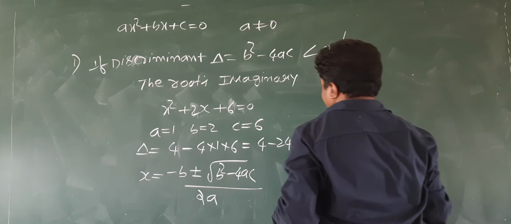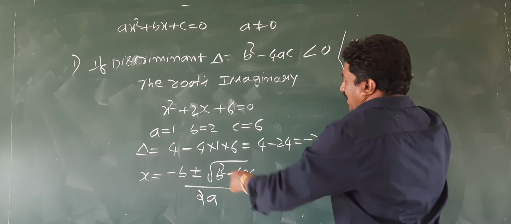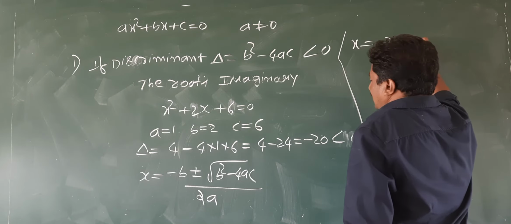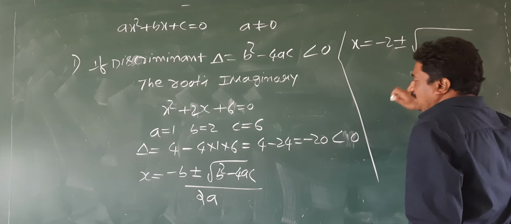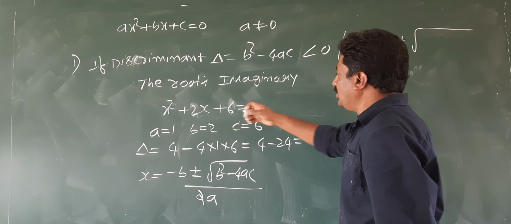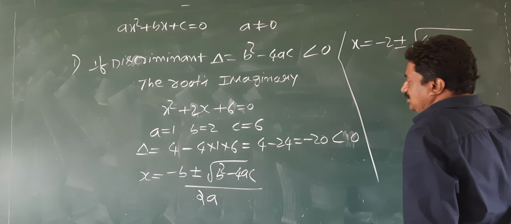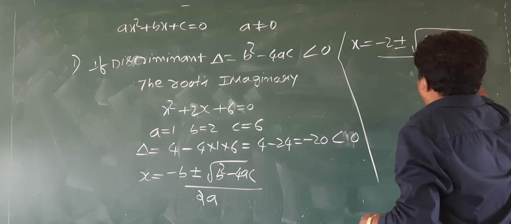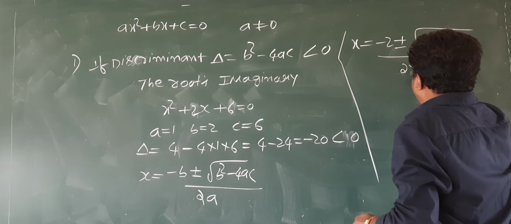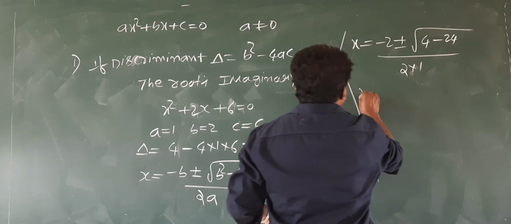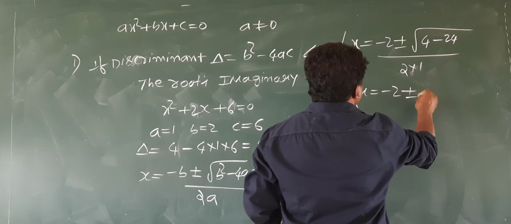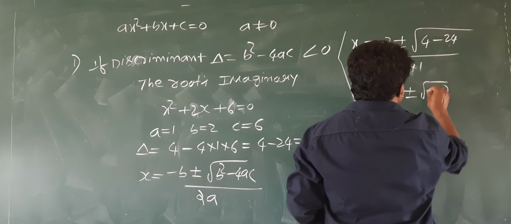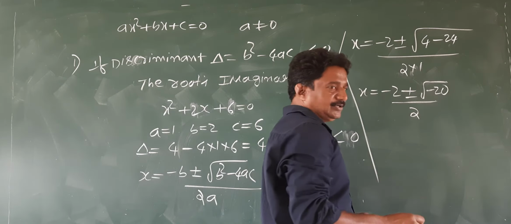So we will get x is equal to minus b, which means minus 2, plus or minus root of b square, 2 square is 4, minus 4ac, 6 fours are 24, by 2a, so 2 into 1. x is equal to minus 2 plus or minus root of 4 minus 24, so root of minus 20, by 2.